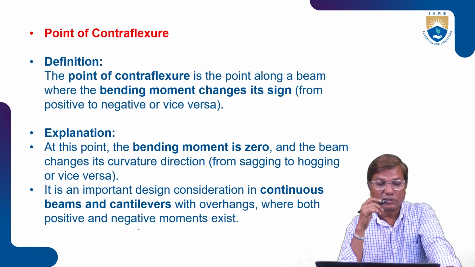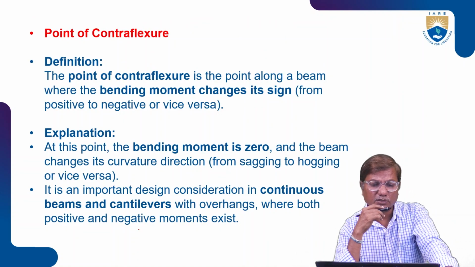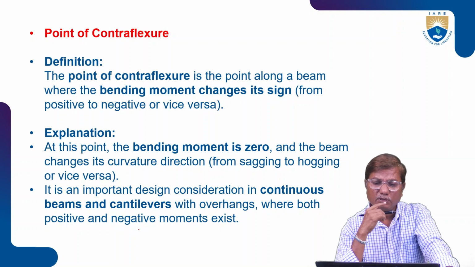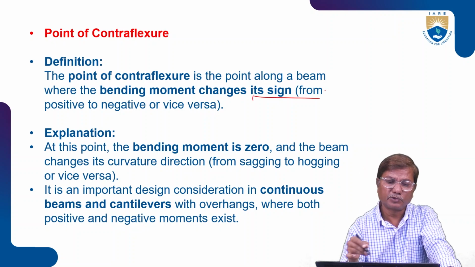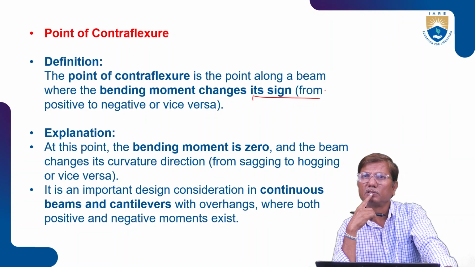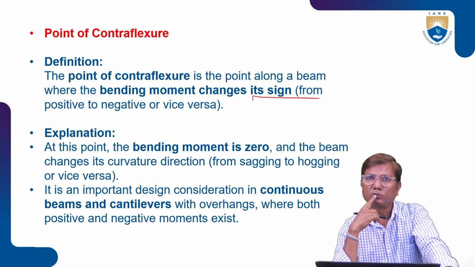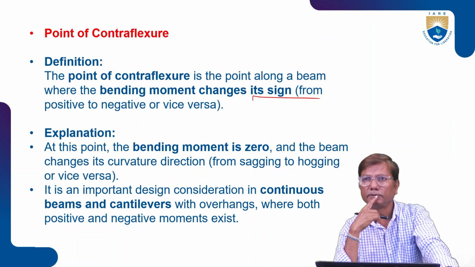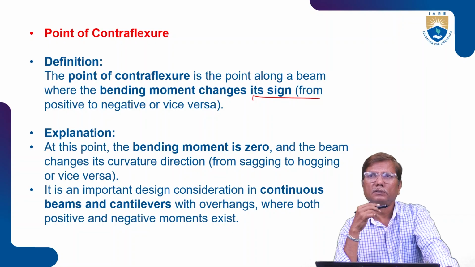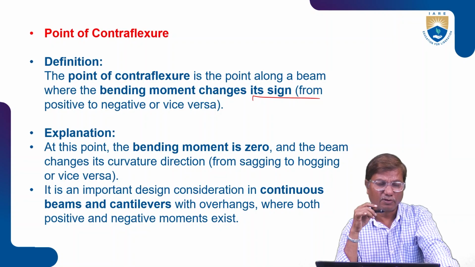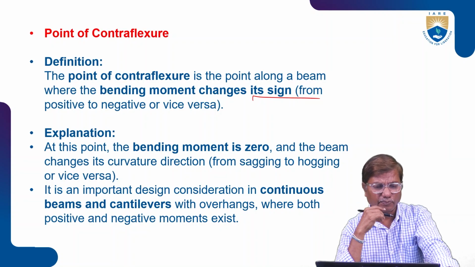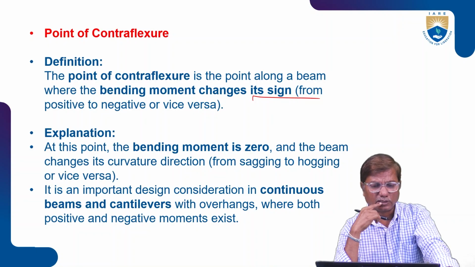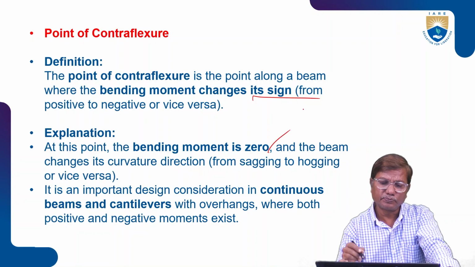The point of contraflexure, we have just discussed: the point along a beam where the bending moment changes its sign, from positive to negative. That means the curvature changes. At this point, the bending moment is 0.